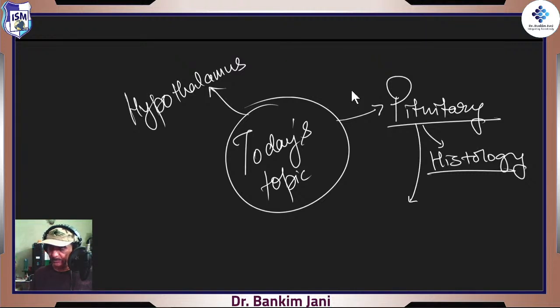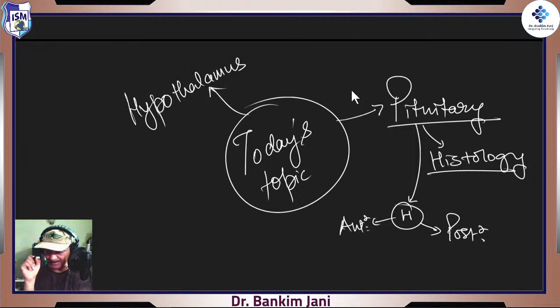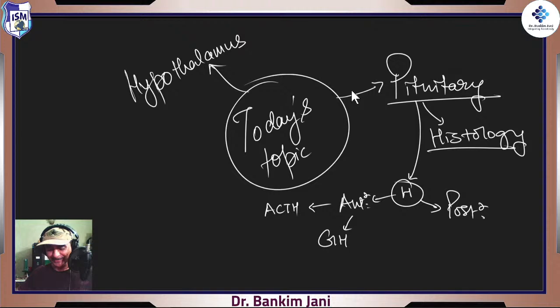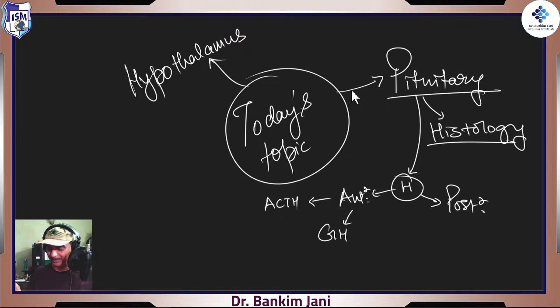And then we'll go for the hormones, obviously the anterior and the posterior pituitary hormones. My guess is that once we discuss two important hormones like ACTH and growth hormone, the batteries would be exhausted by that time, because all these topics are pretty big.